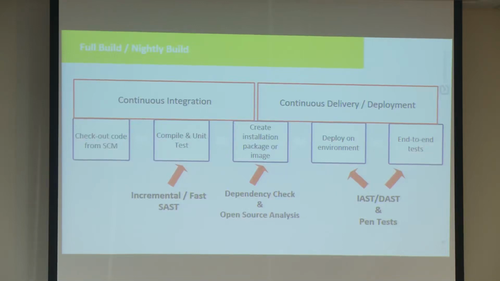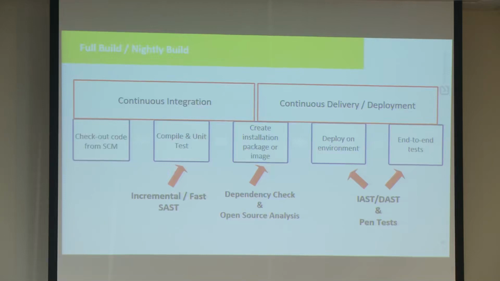So for things that happen on the left, incremental and fast static analysis is the key, because you can do that without having to redo your app. Right? And of course, the later you go, the other technologies also become relevant.